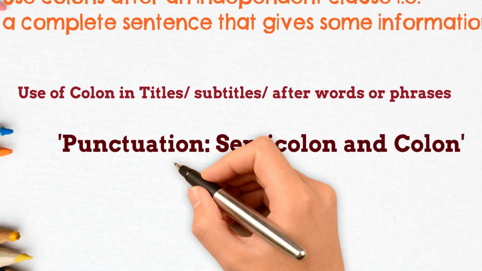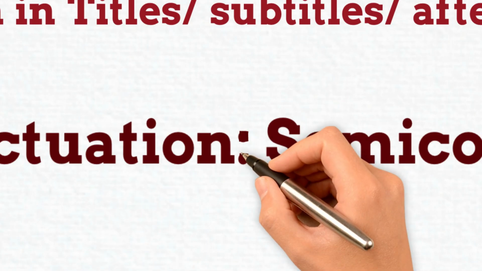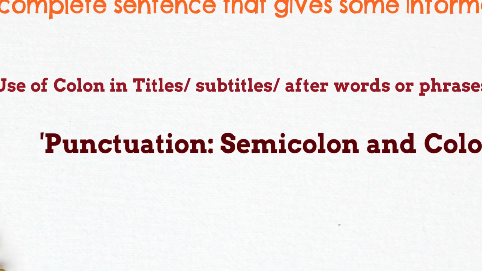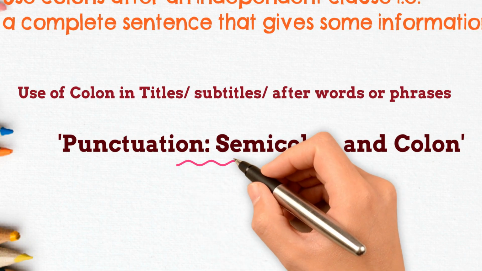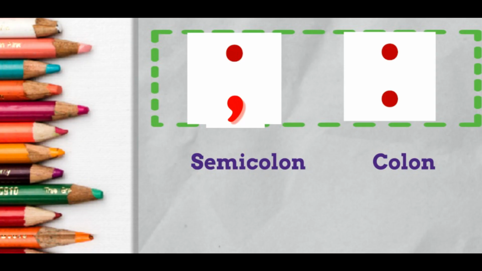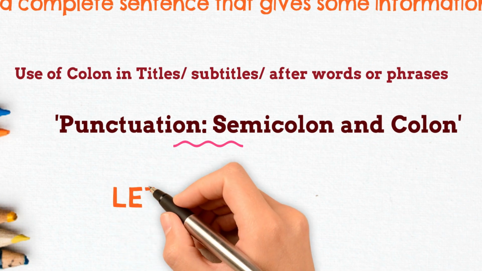This is a very common mistake which I have noticed, that generally people leave a space before the colon, but it should not be done that way. There should not be a space left before the colon. We should put the colon just after the last letter of that sentence without leaving a space, but do leave a space after it. In this video, we have studied pause punctuations, semicolon and colon.